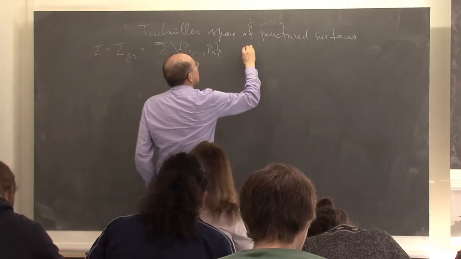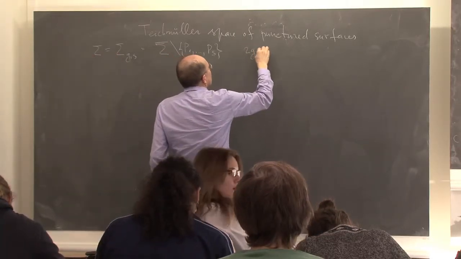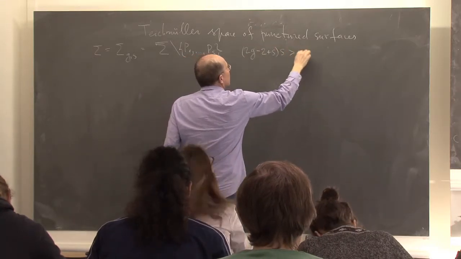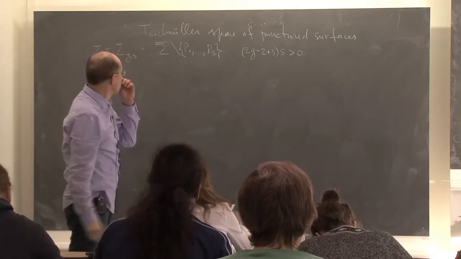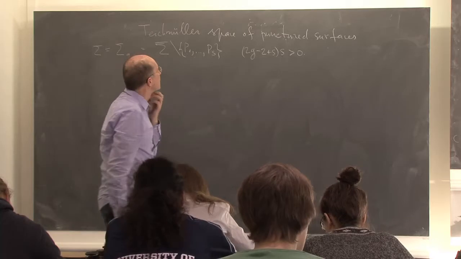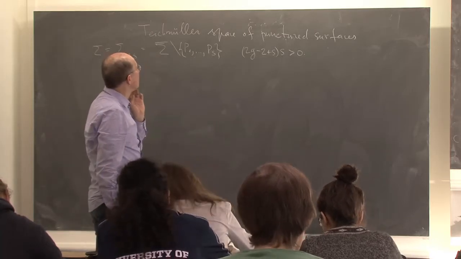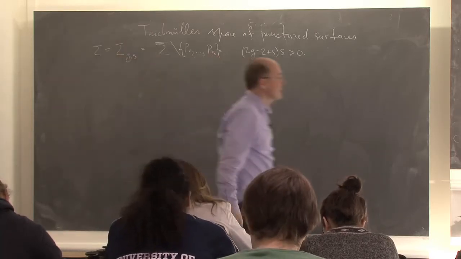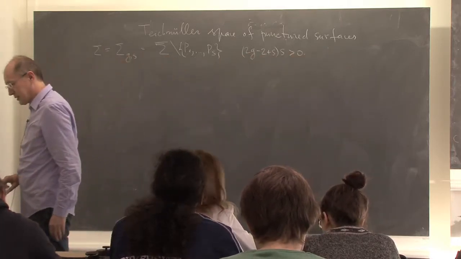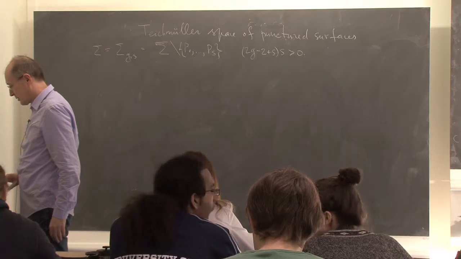And as we imposed last time, we assume that this quantity is positive, which means that we have at least one puncture, and the Euler characteristic of the surface is negative, which means that it admits a hyperbolic metric.